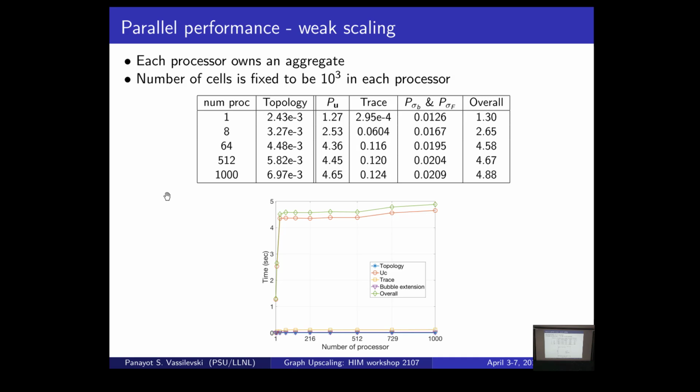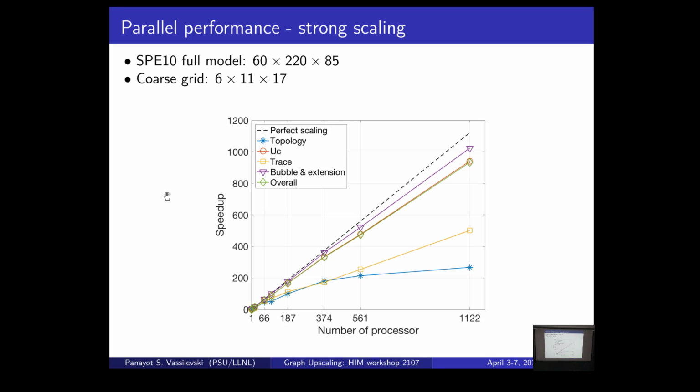And these are timings for various parts of the algorithm. So if you increase the number of processors, this is the time. The thing that we care about is timing. So it shows good scalability, and we tried this one too, and there are some good results in that direction.